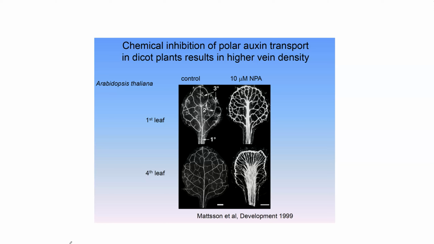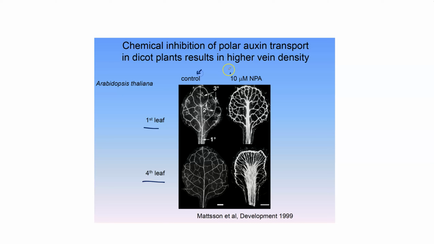And so this is some work from quite a long time ago. It was determined that if you chemically inhibit the movement of auxin in early plant development, you will get an increased vein density. This is in seedlings, the first and then the fourth leaves. They've been stained with a fluorescent marker. I don't know exactly which marker it is in this case, but basically the fluorescence is the developing veins, and you can see this is control.